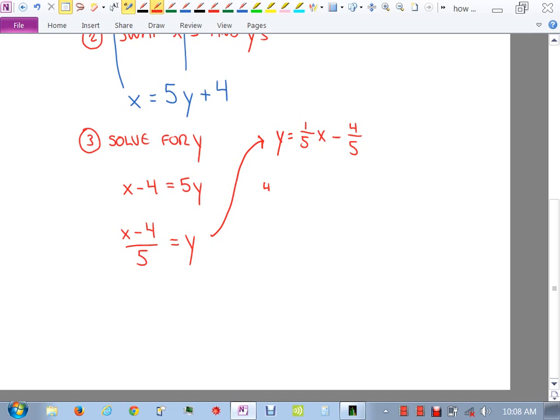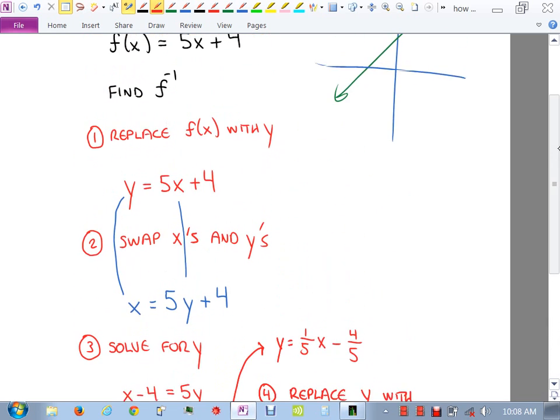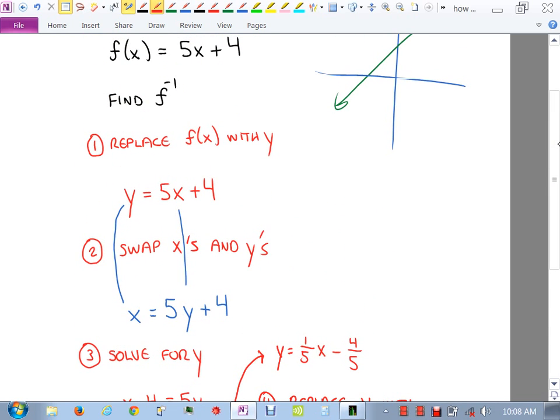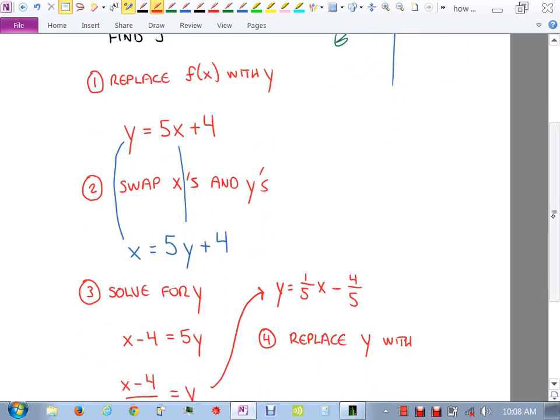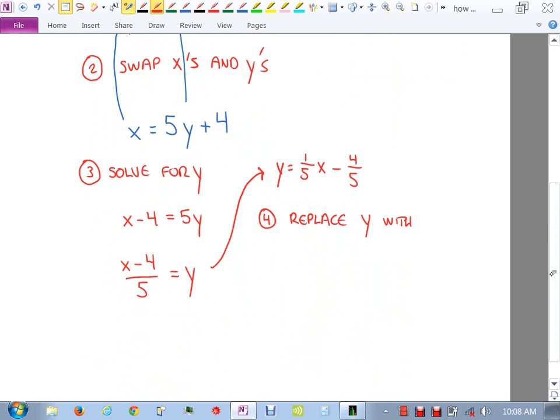Now step 4. Replace y with, what do you think? What did we switch earlier? Remember the very first step? We replaced the function f of x with y, right? I've done all the switching. I've got my solve for y. Now I want to switch that y back, right? But not to f of x, f inverse of x.